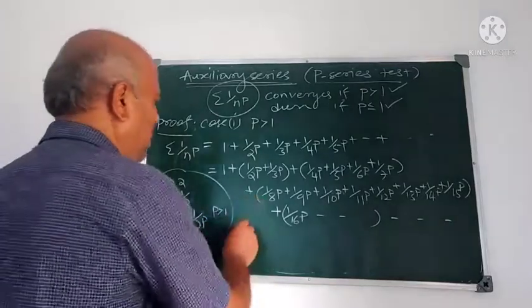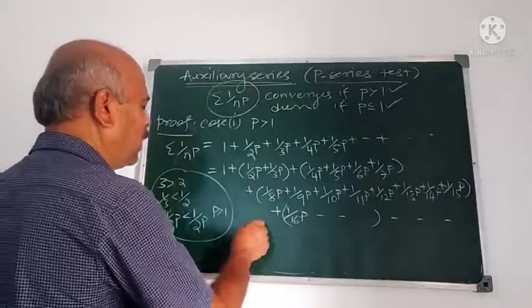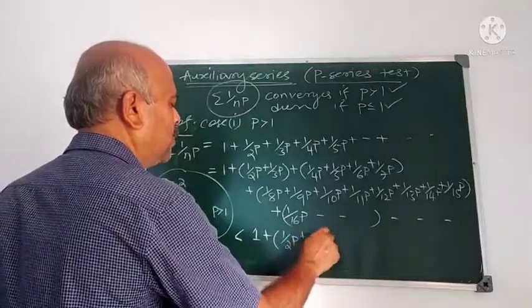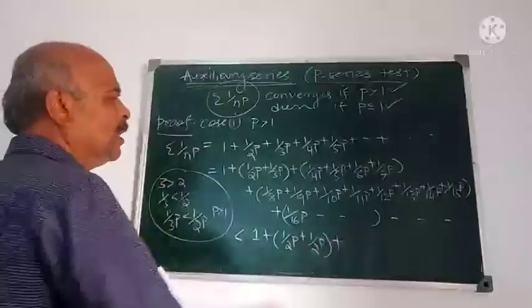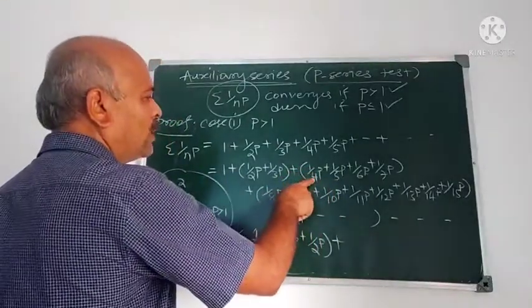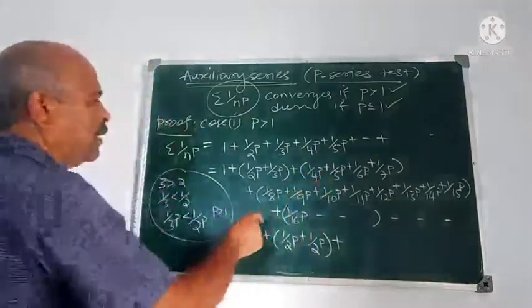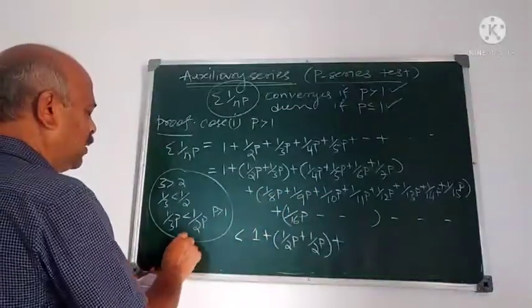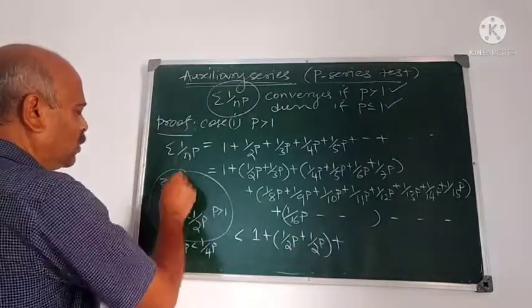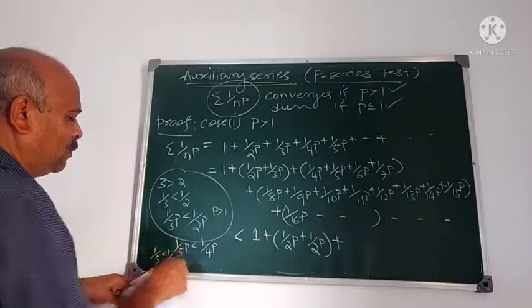Therefore, it is less than 1 plus 1 upon 2 raised to p plus 1 upon 2 raised to p plus. Similarly, this 1 upon 5 raised to p is less than 1 upon 4 raised to p, because here 1 upon 5 is less than 1 upon 4.